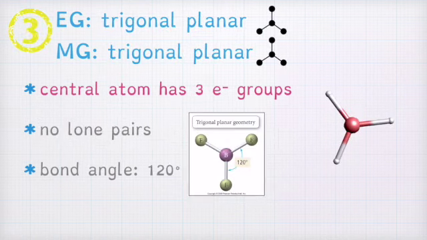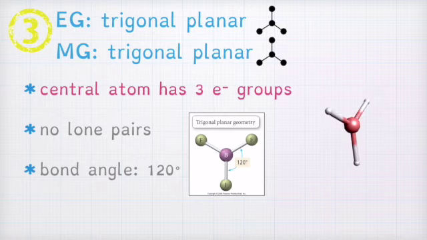If you have three electron groups around your central atom and none of them are lone pairs, then again, the electron groups are going to try to get as far away from each other as they possibly can. And that means that it's going to form an equilateral triangle with bond angles of 120 degrees. You can see that this is flat, right?